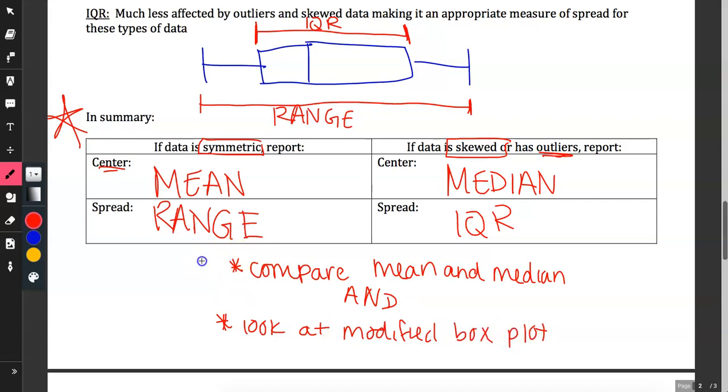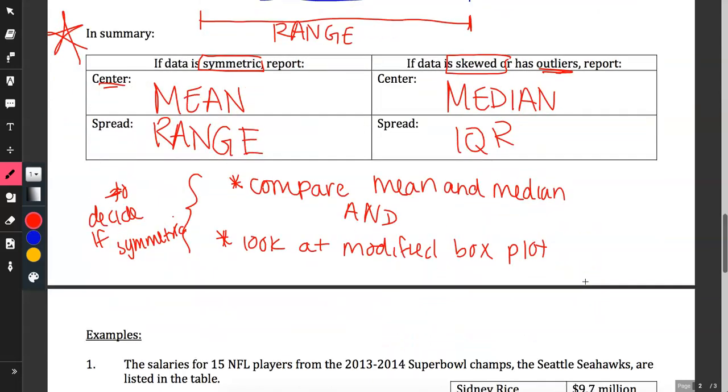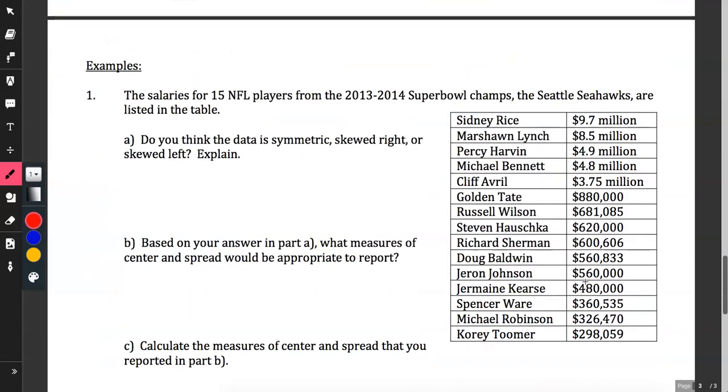You're going to do both things to decide if it's symmetric or skewed. Okay, you want both pieces. You want the data and you want the graph to kind of give you the full picture. So let's take that into consideration and do an example here.